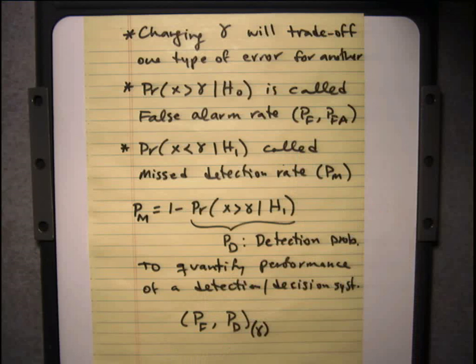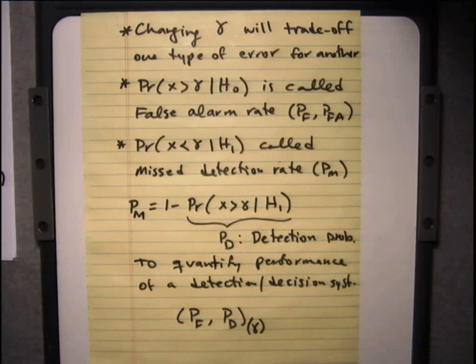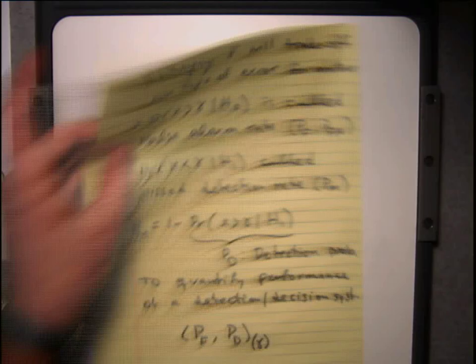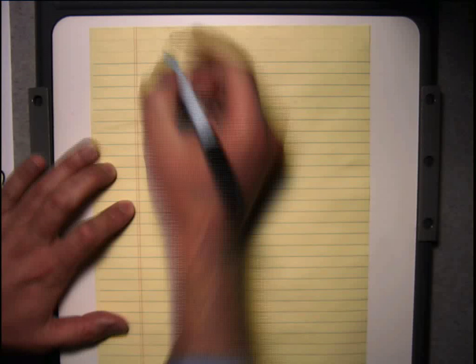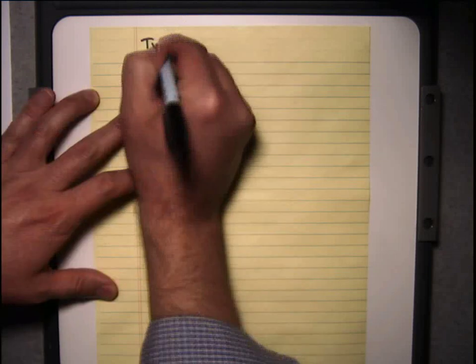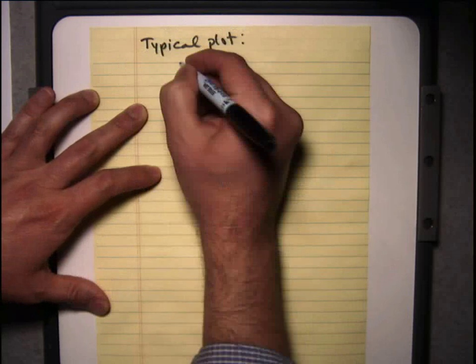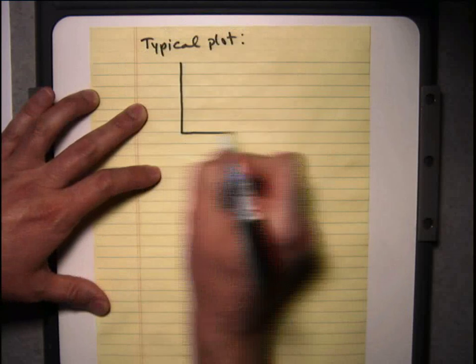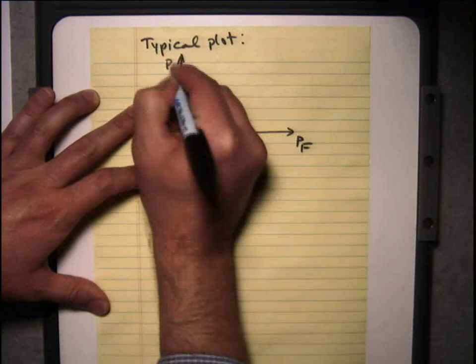So this pair of numbers is often plotted to give you a graphical description of how a particular system for decision-making behaves. So let me show you what that looks like. A typical plot is something like this. PF, PD.